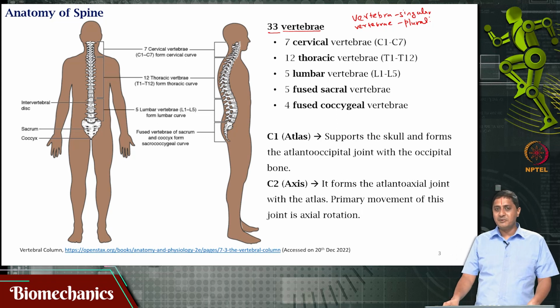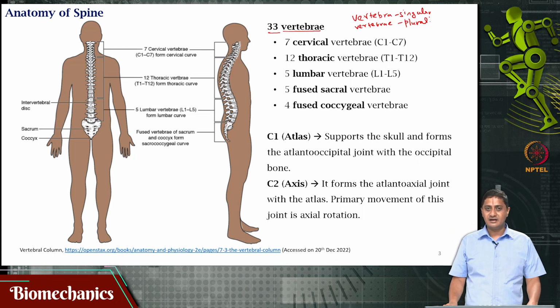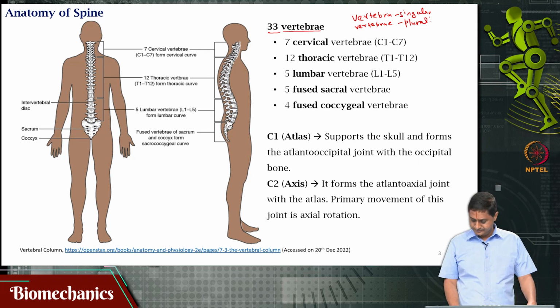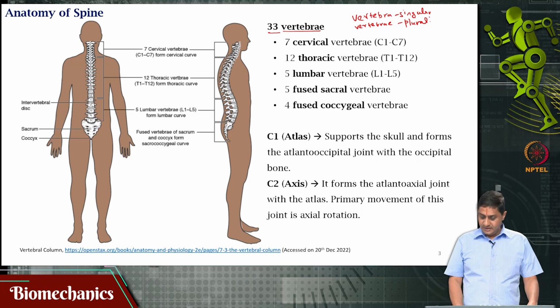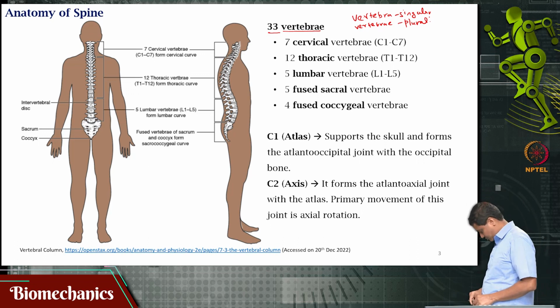So, one primary purpose of the vertebral column is to support the head and the neck and other such structures at the top, right. And also, while you are supporting the head and the neck, you also want to allow for movements of the head and neck. For example, you can watch in the sagittal plane, I can make that movement, right, this is that movement.